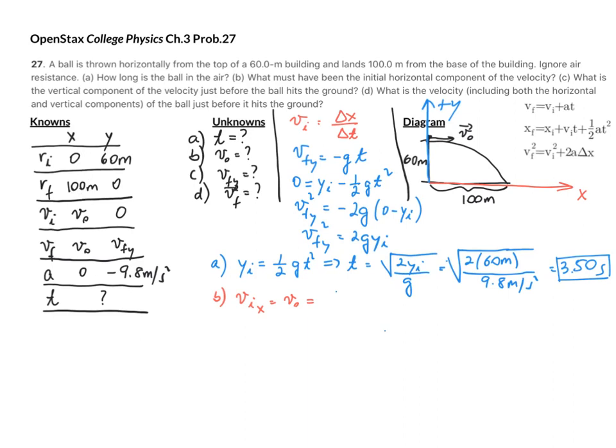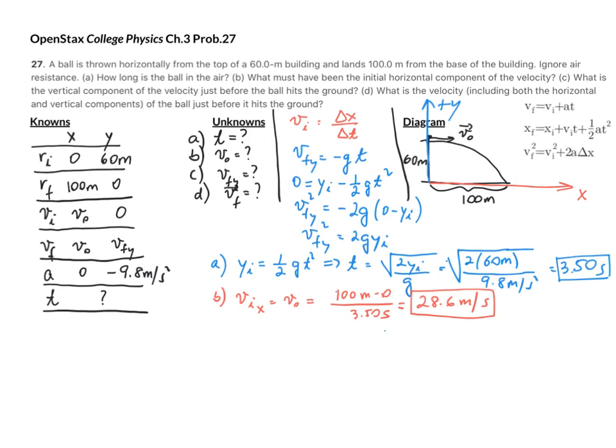So I will write that down: 100 meters minus 0 divided by the time, which is 3.50 seconds. And when I plug in the numbers, I end up with 28.6 meters per second. So this quantity done in red is the x direction. Everything in blue is the y direction. I don't want to mix them.